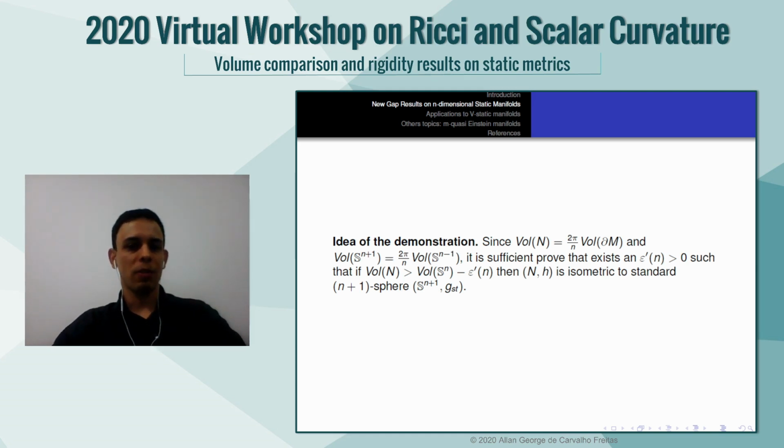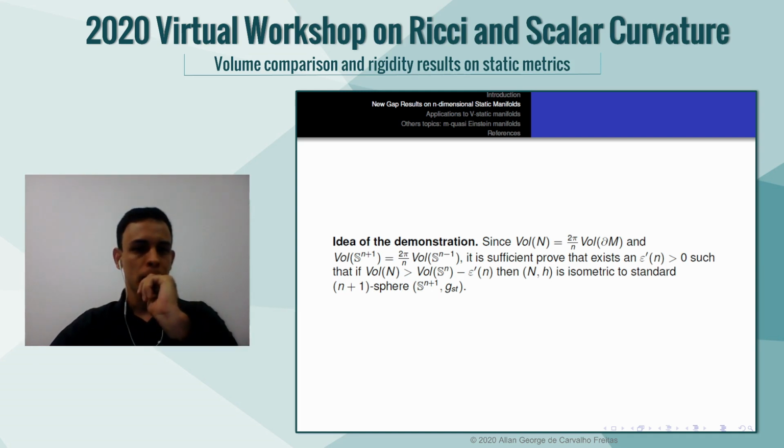So to prove this result, it is sufficient to prove that the result holds for spheres. That is, to prove that there exists an epsilon such that if the volume of the Einstein manifold is greater than this, then it is isometric to a standard n+1 sphere.